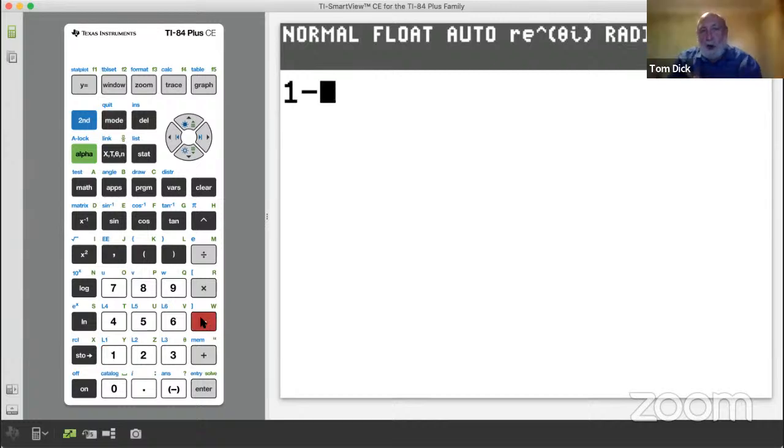Now we need that lowercase i that is the imaginary square root of -1. That's found down here on the second shift of the decimal point. If you look down here, you might be able to see that i. There we go. Now I'm just going to enter that.